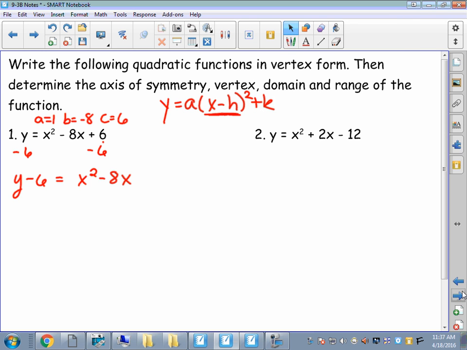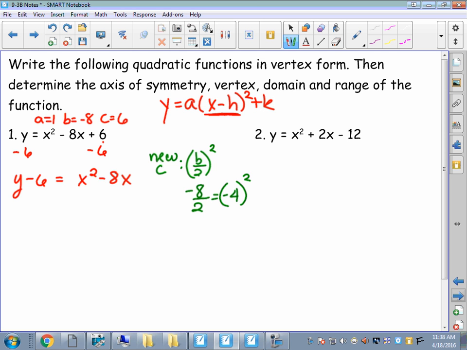And the new C value, my new perfect C, is taking half of the B value and squaring it. So I'm just going to write that down for you. We're going to take the -8, that's our B value, take half of it, and I get -4. Square the -4, and I get a positive 16.